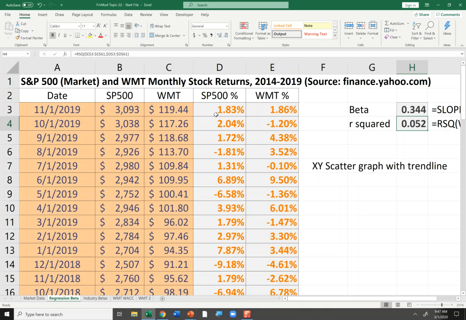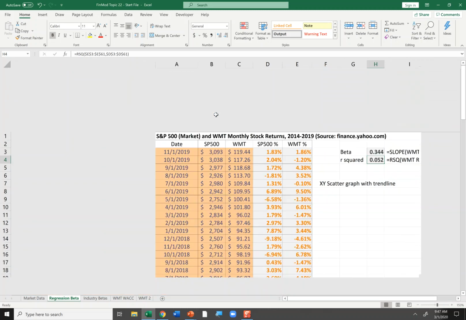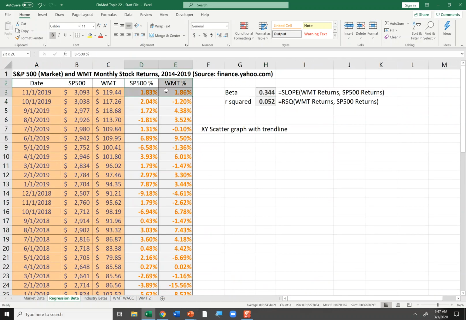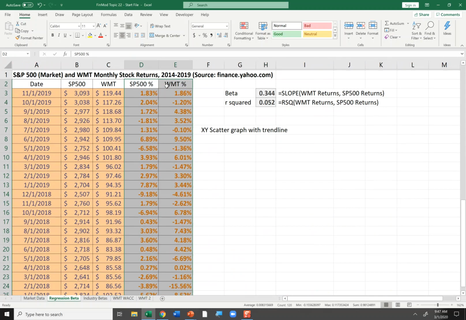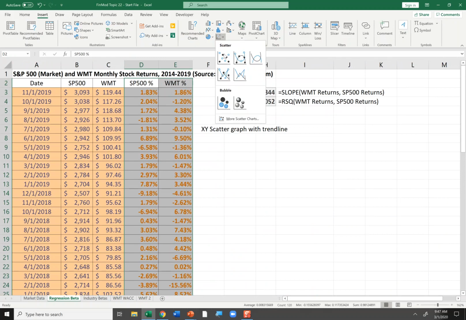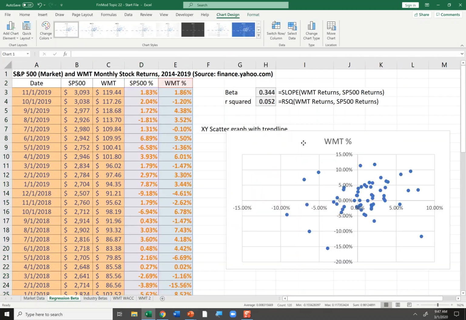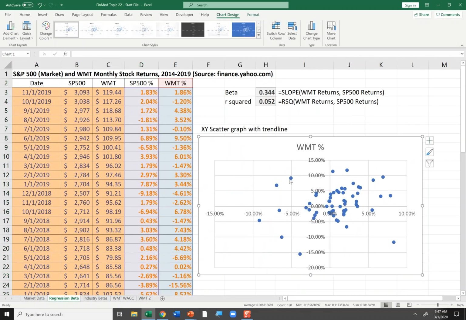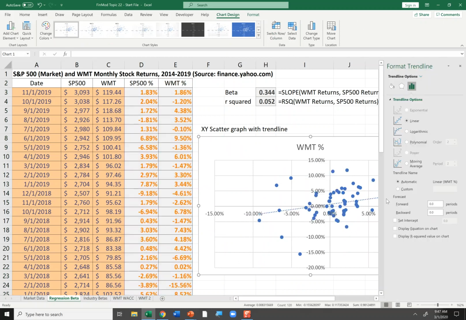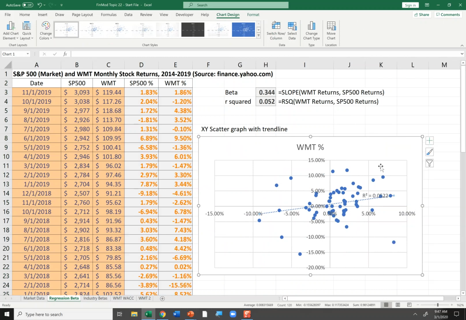The other way to do this, I'm going to zoom out a little bit, is I could select this data, the market and Walmart stock returns. I'm going to select that data, come back up to the top, and insert an XY scatter graph. I'm going to then right click, add trend line, and display equation and R squared.